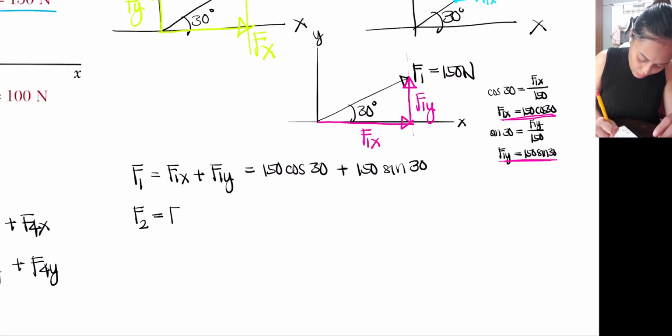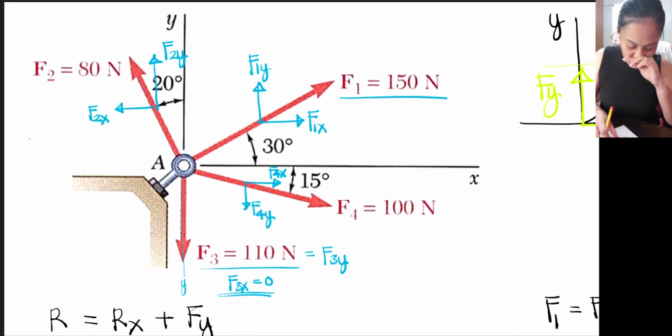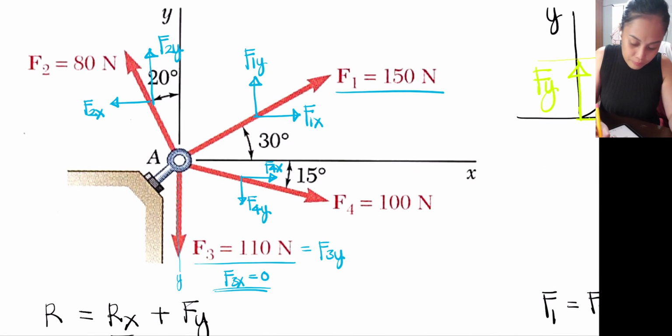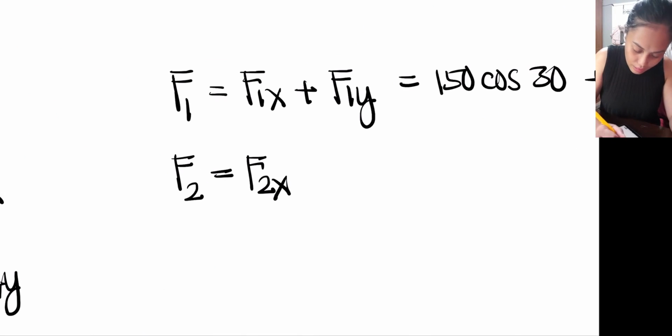How about F2? F2 is F2x. Kung tanaw na to sa figure, ito man na F2, positive or negative? Padulong siya towards negative x. So, negative F2x.